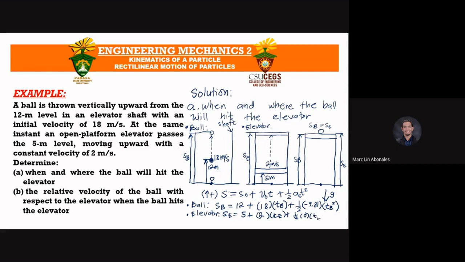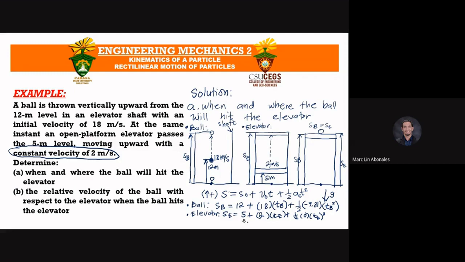Why equal to 0? Itungod the velocity nato sa ang open platform elevator is a constant man based sa problem. So therefore, the acceleration for a constant velocity is equal to 0.